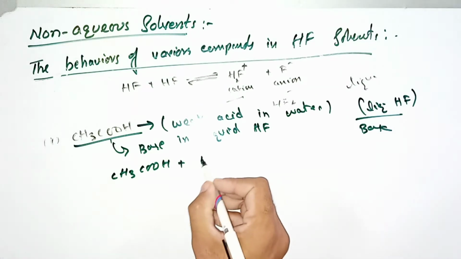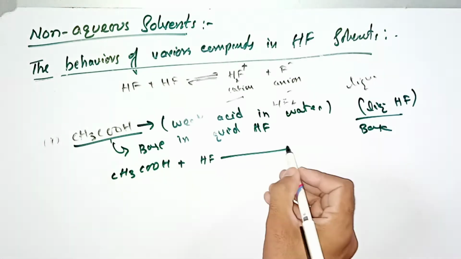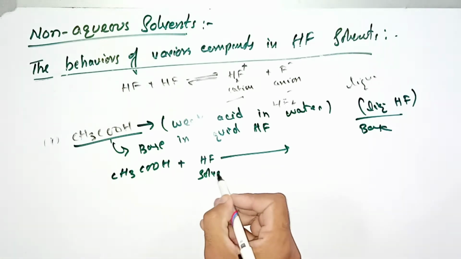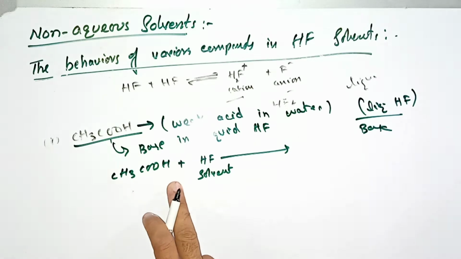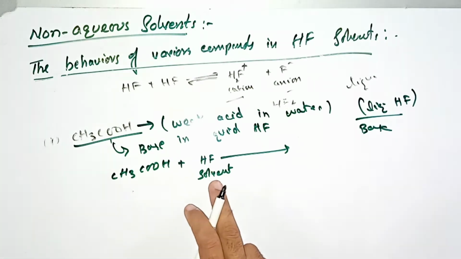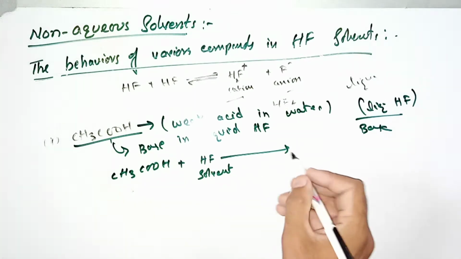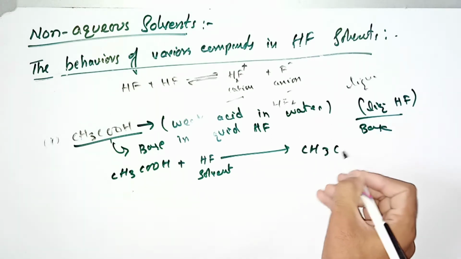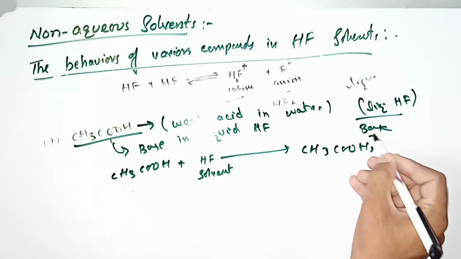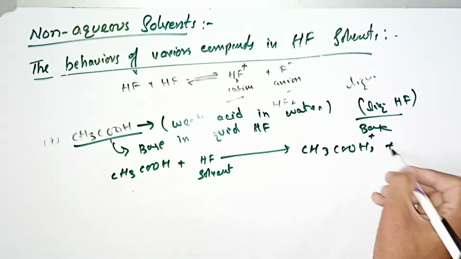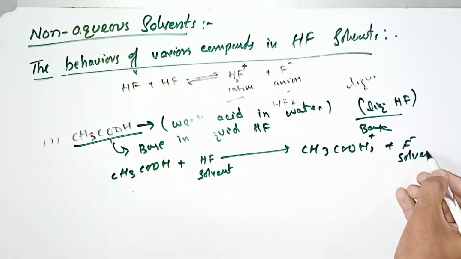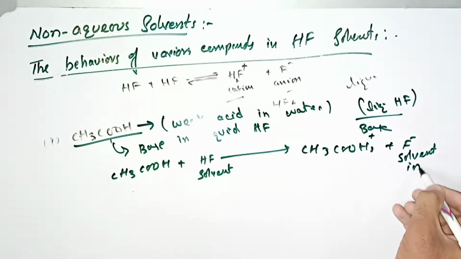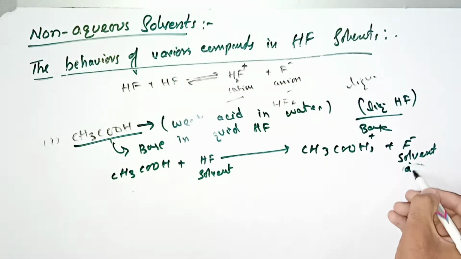CH3COOH plus HF, with HF acting as the solvent. When you add CH3COOH to the HF solvent and it dissolves, it gives us CH3COOH2 plus and F negative.